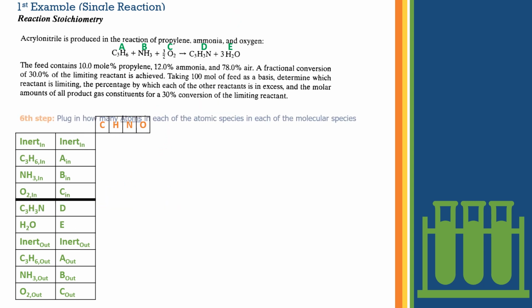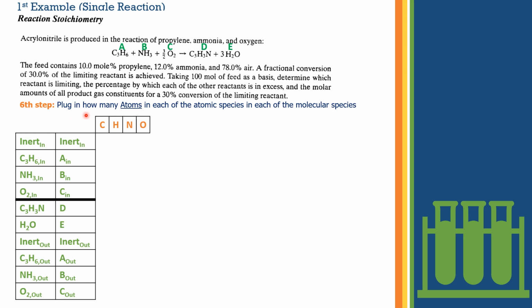Okay, the next step is to plug in how many atoms in each of the atomic species in each of the molecular species. So first of all, the inert, make them empty. For the A or the C3H6, just put 3 hydrogen and 6 carbon. Forget about any number on the equation because it will be the same.